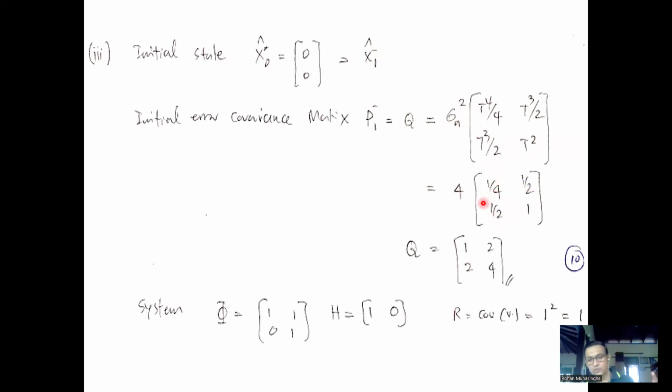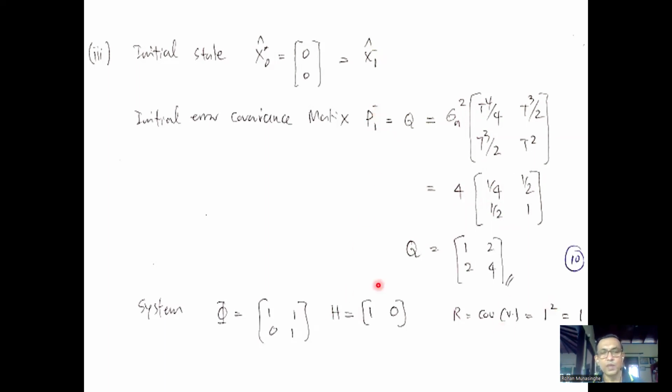When you put the numbers together, now you have a known Q matrix, the process covariance matrix. P1 negative is the predicted error covariance matrix.